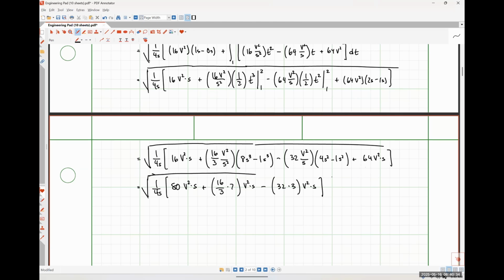And let me just throw this into my calculator real quick. So we have 80 plus 16 thirds times 7 minus 32 times 3. All of that is divided by 4. And so I wound up getting 16 thirds of a volt RMS.